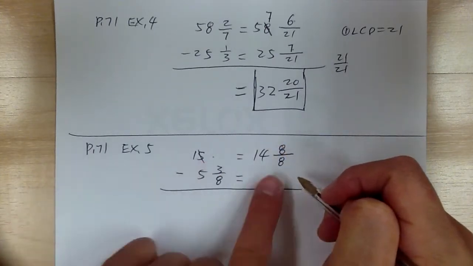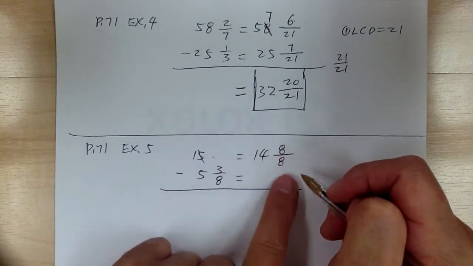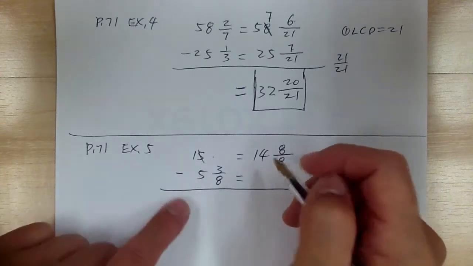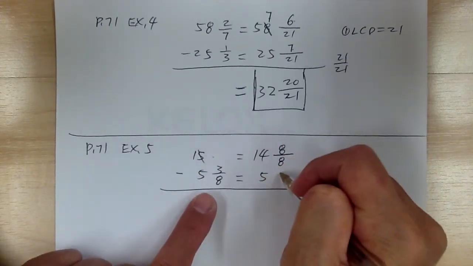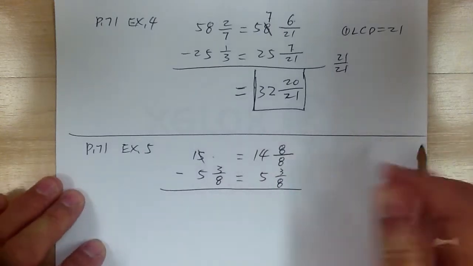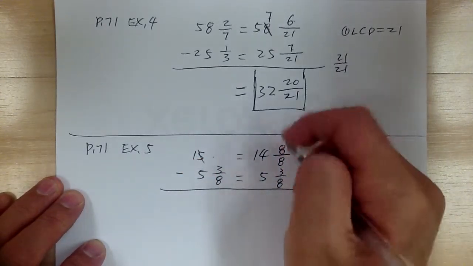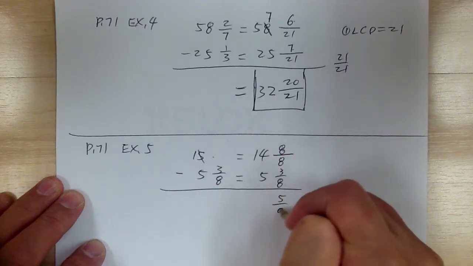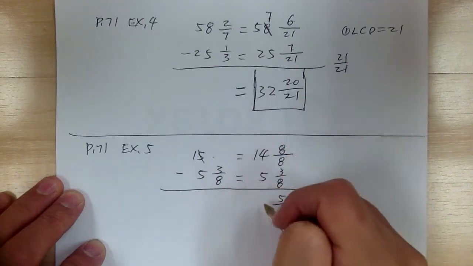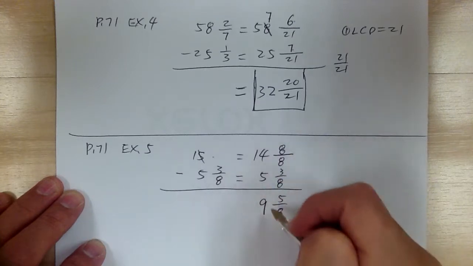When you borrow 1, the numerator and denominator will be the same. This one is actually kind of easy. The one you borrow is 8 over 8, and from here you can subtract already. 8 minus 3 gives you 5, and 14 minus 5 gives you 9. And that's it.